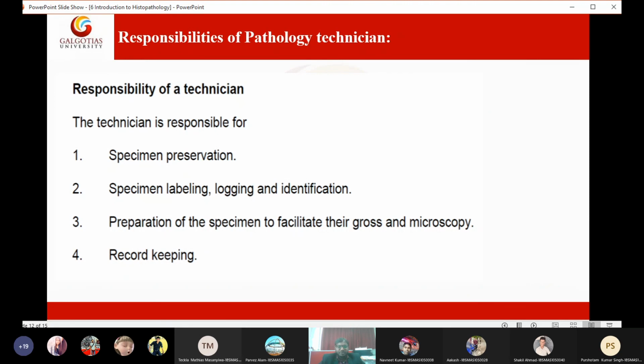This is most important: maintain the record from sample receiving up to report dispatching. The record should be maintained from your end. If you make a mistake in sample receiving, preservation, or sample labeling, like writing 01 instead of 9, that is a big mistake.